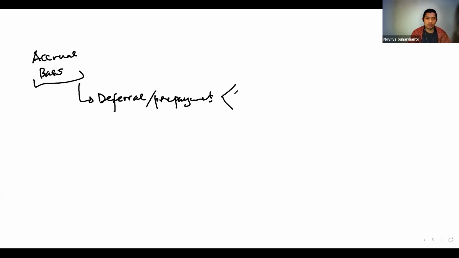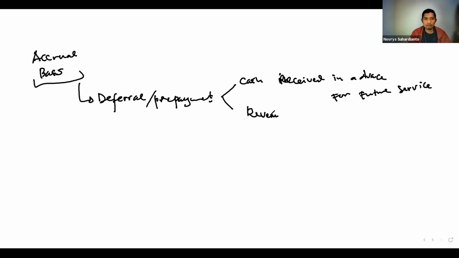Accrual basis. The first type is deferral or prepayment. The last two examples relate to expense. Now we can turn to another example. Cash received in advance for future service, so the revenue is not earned.